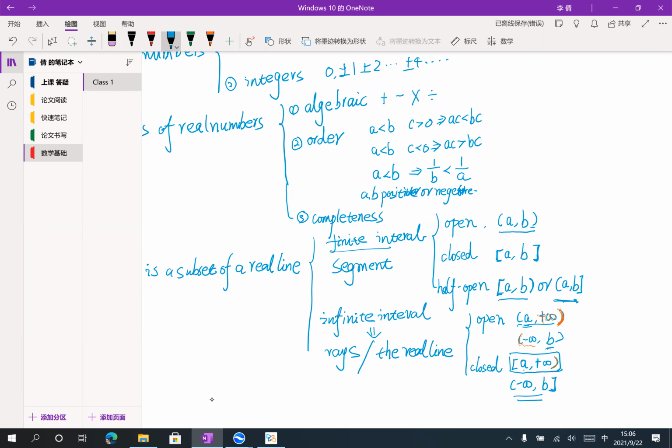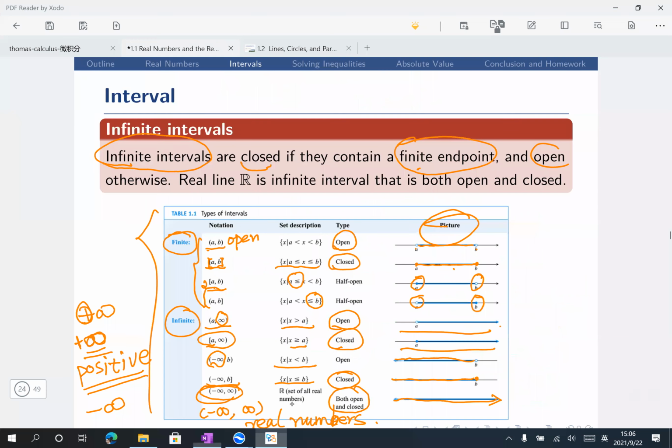So if it contains this finite endpoint, this interval must be a closed interval. This is the definition. Infinite intervals are closed if they contain the finite endpoint, and if it is an open interval, it doesn't contain the finite endpoint.